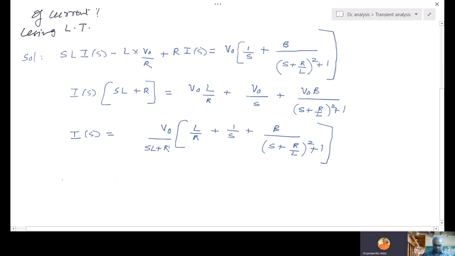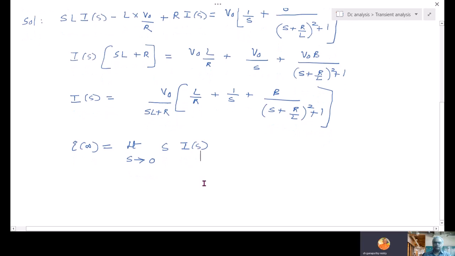Now as per the question, what we have to find? I infinite. So using the final value theorem, I infinite is nothing but limit s tends to 0, s into I of s. So further, this is equal to limit s tends to 0, s into that above, we have to substitute.